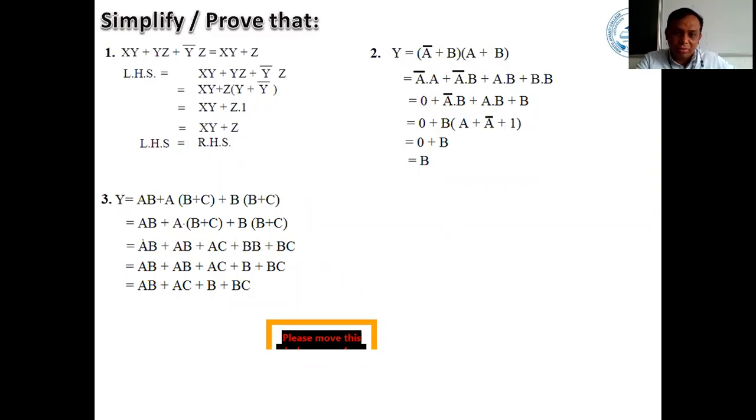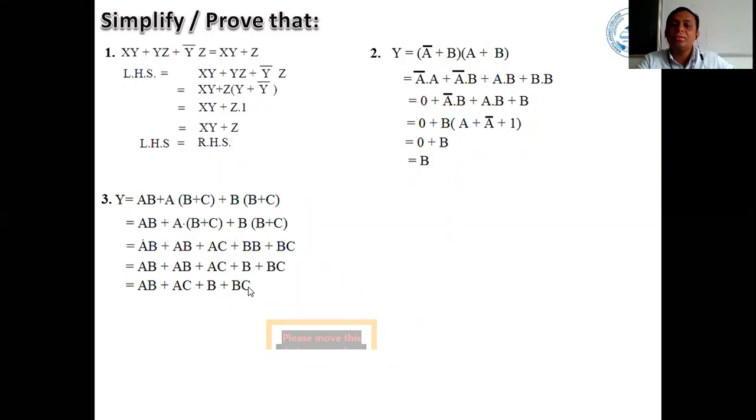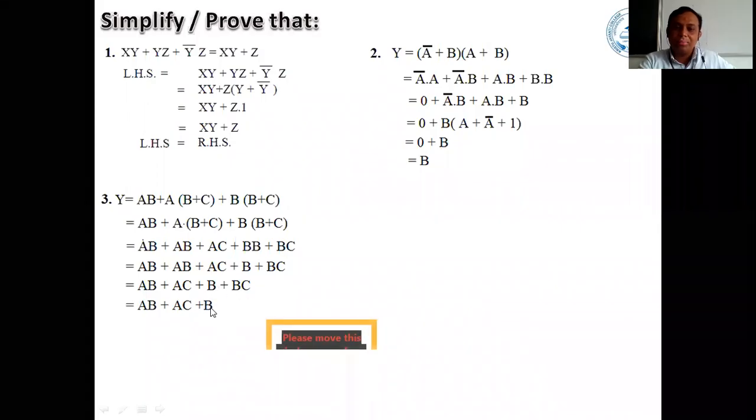So instead, think of these two. B plus BC, I'll take B common so that I end up with 1 plus C. We know that 1 plus C is equal to 1. So 1 into B, I'll get B. So B plus BC, I can simply write as B.